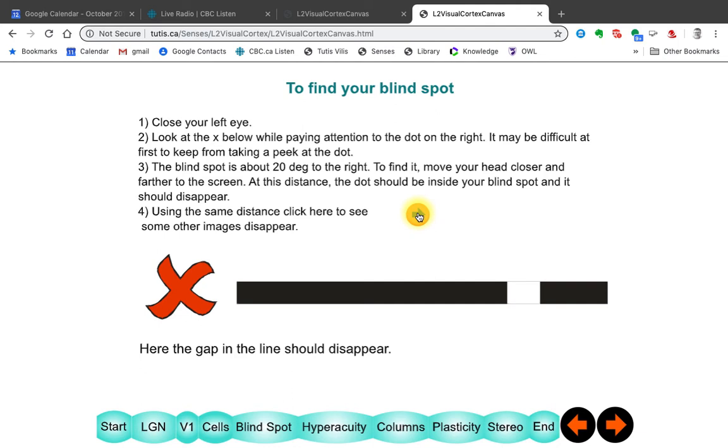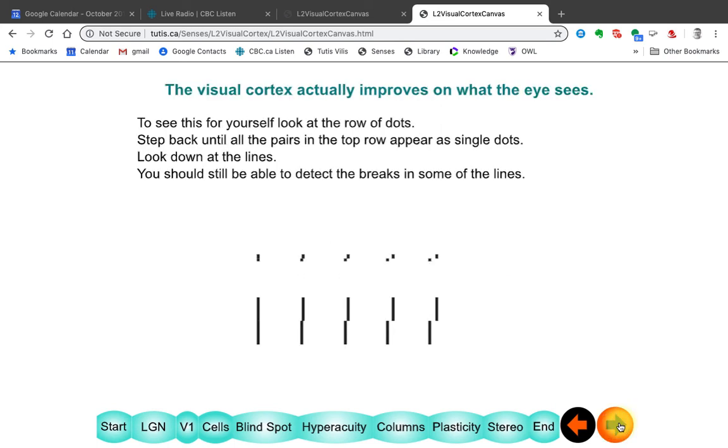For the right eye, so it's the left, right, I should say. Here's where you're looking. Here's where your blind spot is. So it's something over here. It's on the medial side of the eye, where the optic nerve runs out into the cortex.